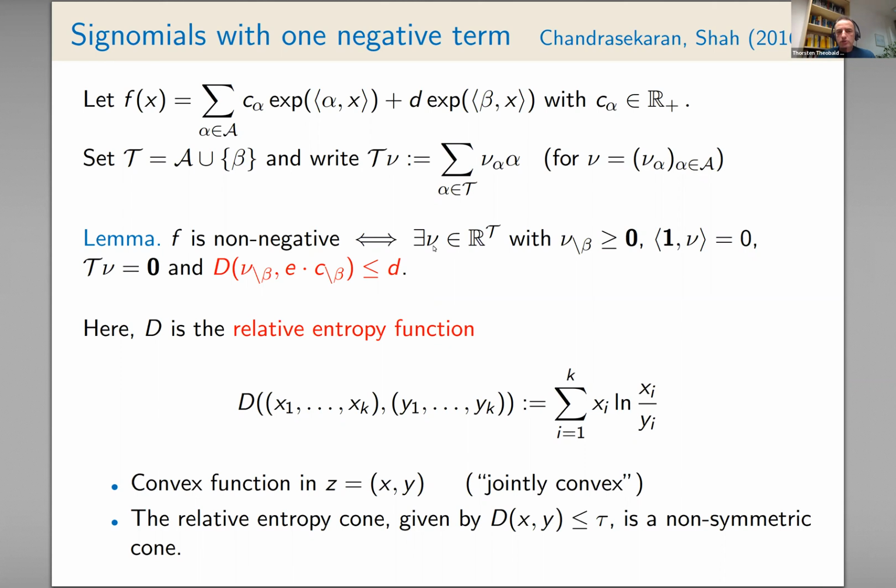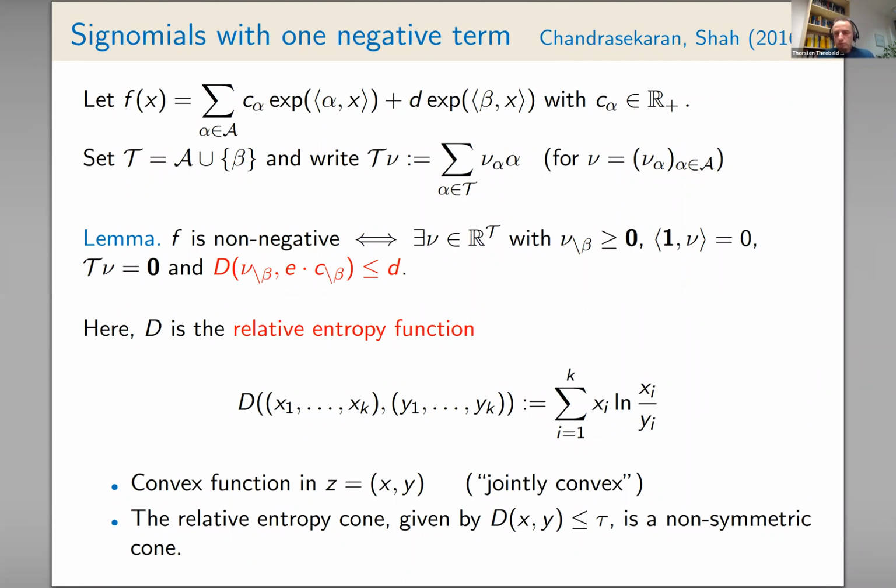And actually, in order to prove this lemma, usually one can use some kind of duality argument, and this is how the relative entropy function comes into the game. The relative entropy function is a convex function if we consider it in both the parameters. And this is also called a jointly convex function. And the relative entropy cone is available in practice.